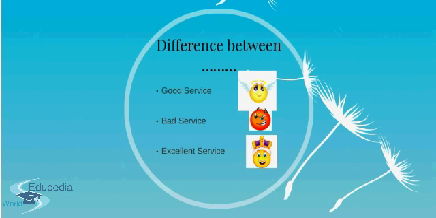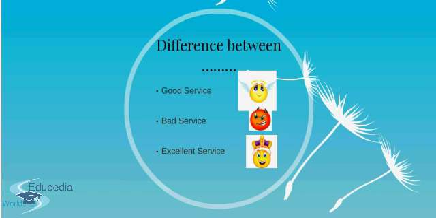Okay, now as we're talking about these three categories of customers, and they react looking at the offering, looking at your product and services. Now, what exactly is the difference between good service, bad service, and excellent service?